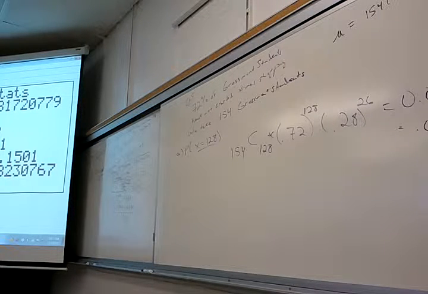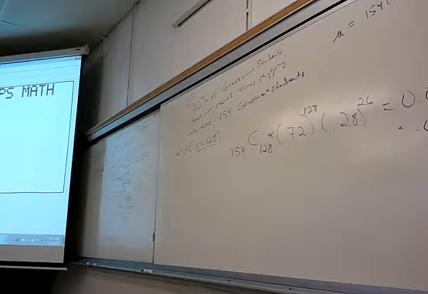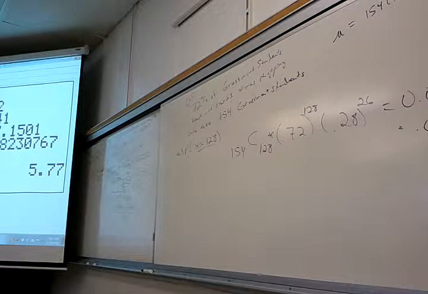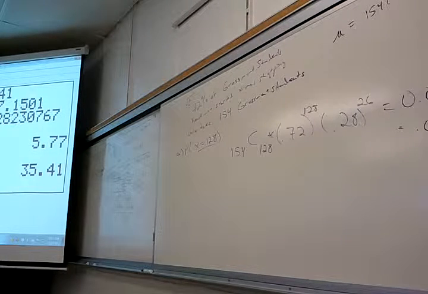Now, if you don't like that, you could still do second stat, list, math, sum, L3, so you get your 5.77. And then I would hit second enter, bring that back up and do L4, and there's your 35.41.